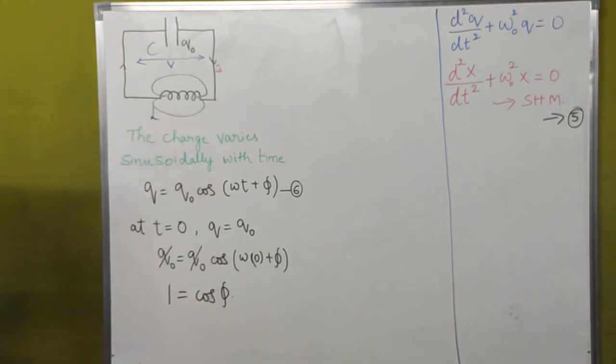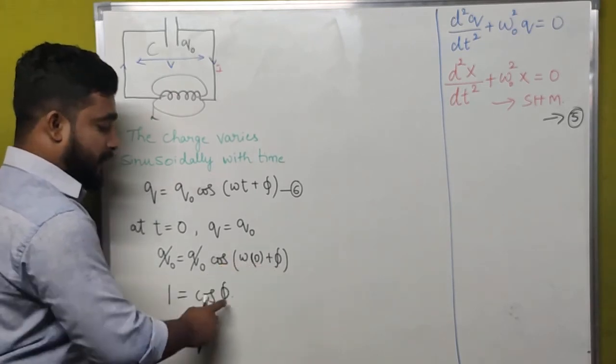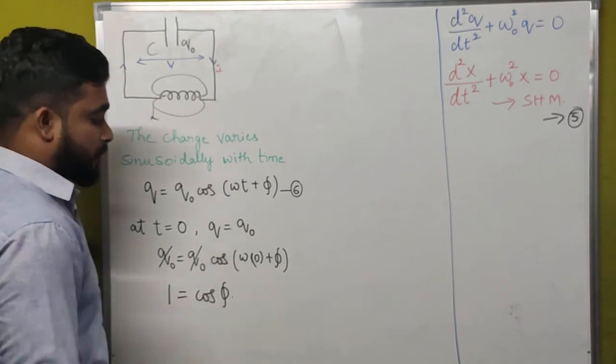Here we should write cos phi, because 0 into omega is 0, and 0 plus phi is phi. Then we have 1 is equal to cos phi.